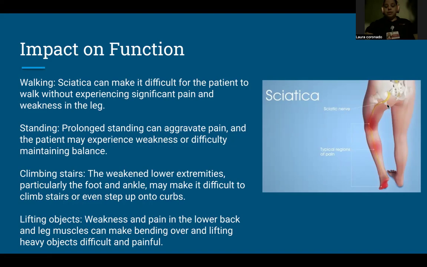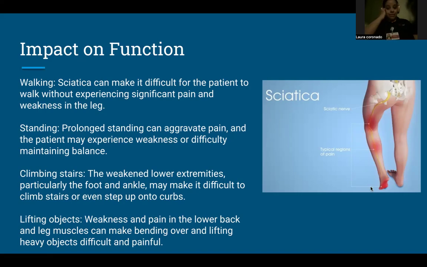If you take a look at this picture here on the side, all these red spots going down the leg are common pain areas that you will see going down the leg. As you can see down here at the bottom, we step on the base of our foot a lot.